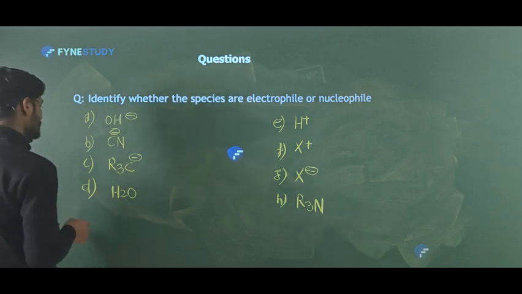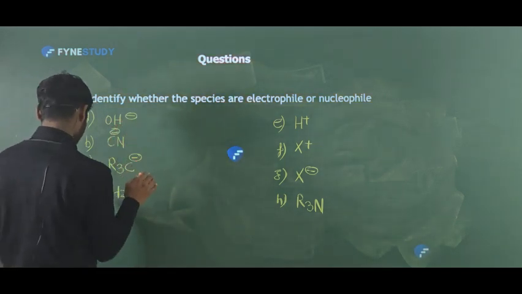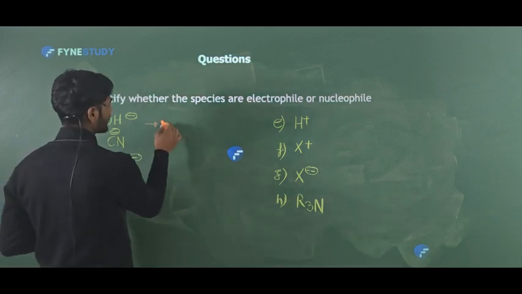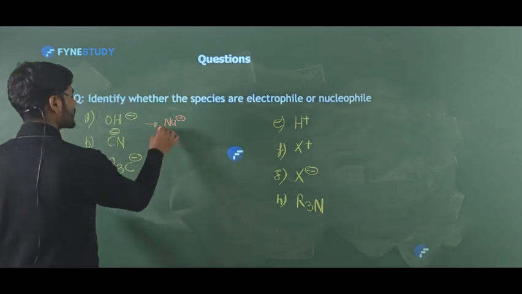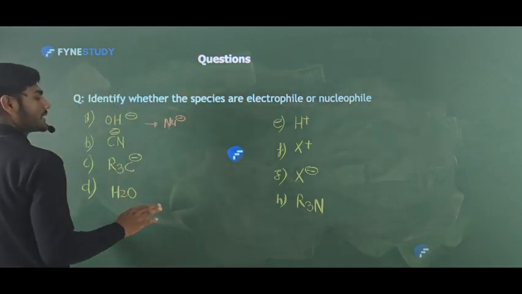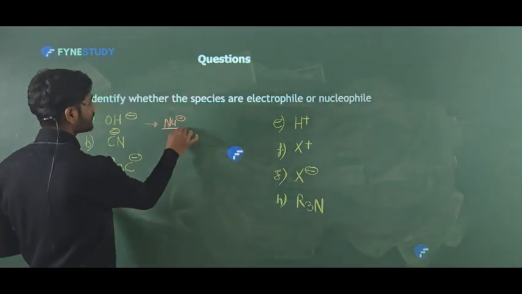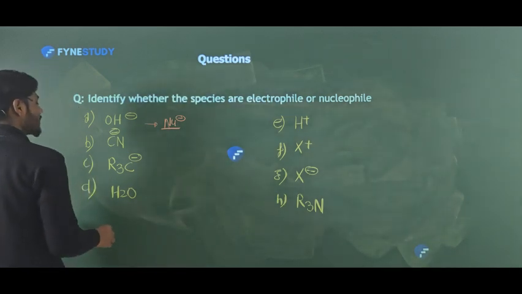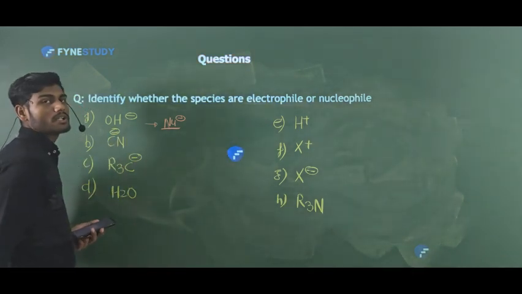See, OH minus, already there is a negative charge. So it will have an excess of electrons, so this one is a nucleophile. See, a nucleophile is denoted as Nu minus also. Even if the nucleophile is neutral, you will denote it like this. Now see, CN minus. So CN minus will act as what?